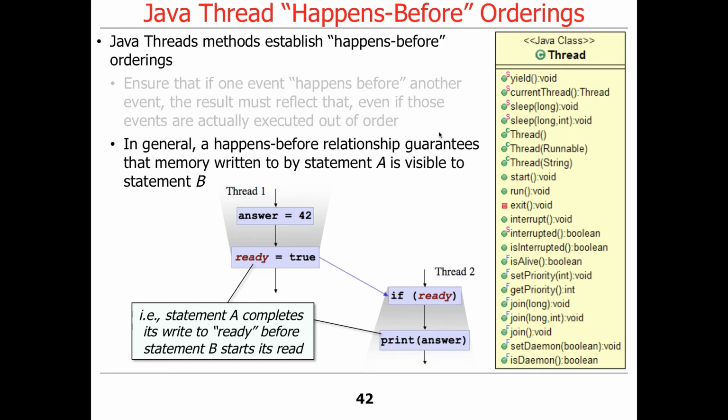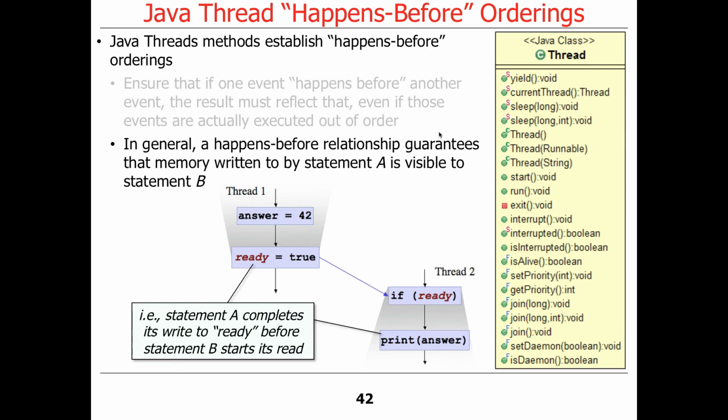Yes, Jesse? I don't understand, because the happens-before definition says the result is the same even if they're executed out of order. Aren't the things in thread 1 and thread 2 being executed in order? If you don't use the proper synchronization, then as we talked about in other contexts, it could turn out that this value answer does not get propagated properly to this thread.